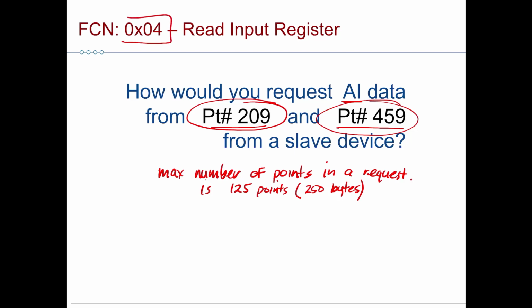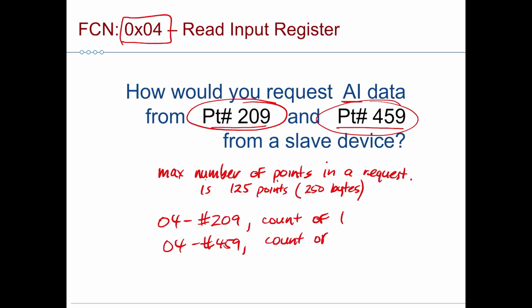You would do a 04 request on point 209 for a count of 1, and then you do the same 04 on point 459 for a count of 1.